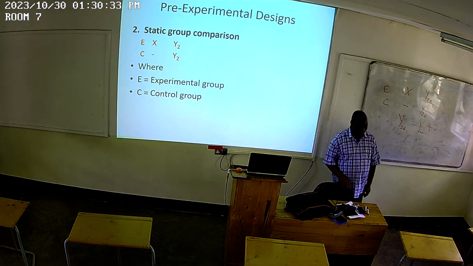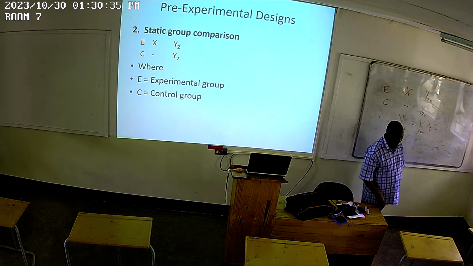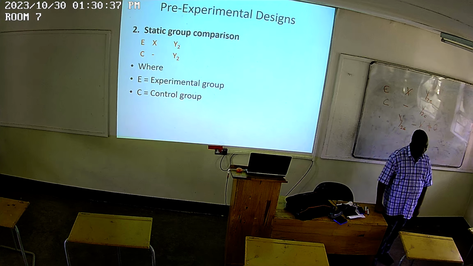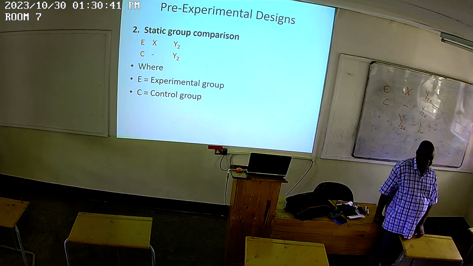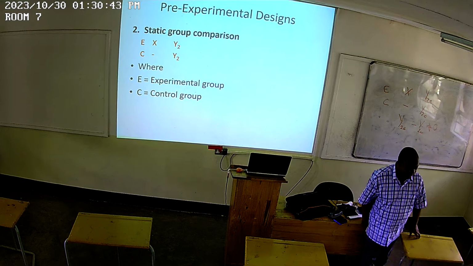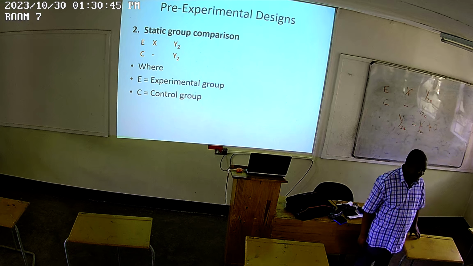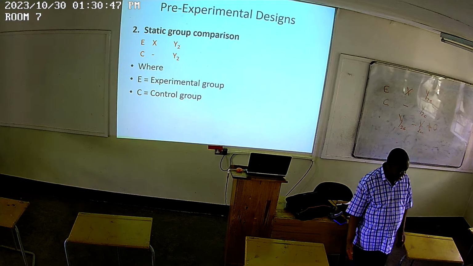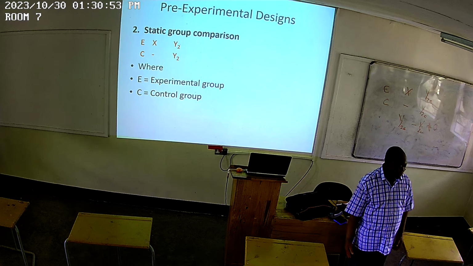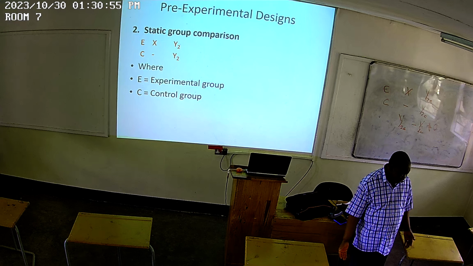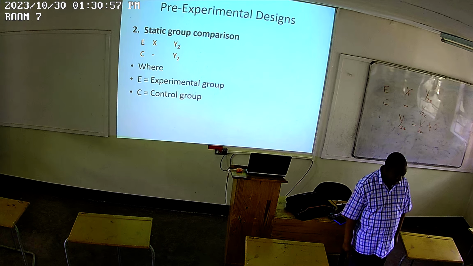When it's not equal to 0, it means there is a difference. When it's equal to 0, there is no difference. If Y2E minus Y2C is equal to 0, it means there is no difference.